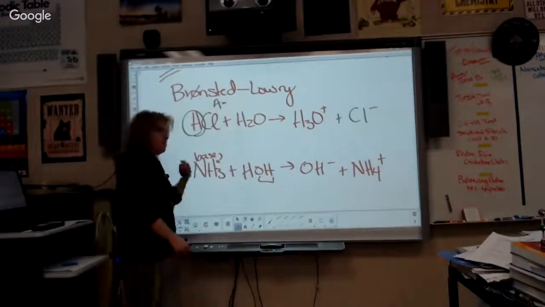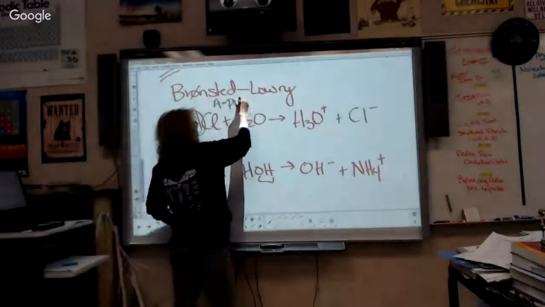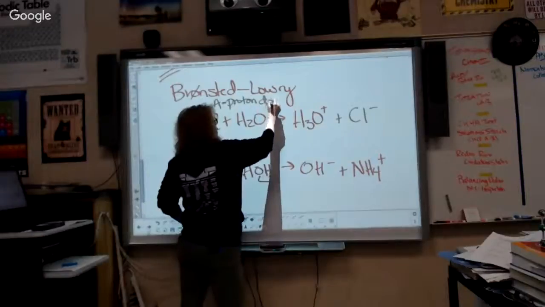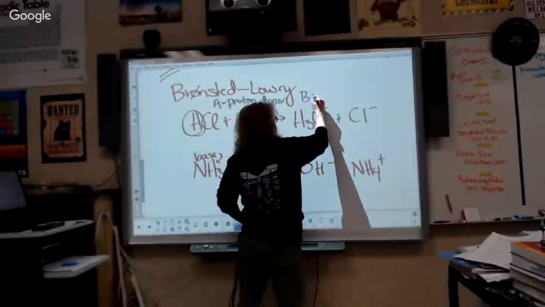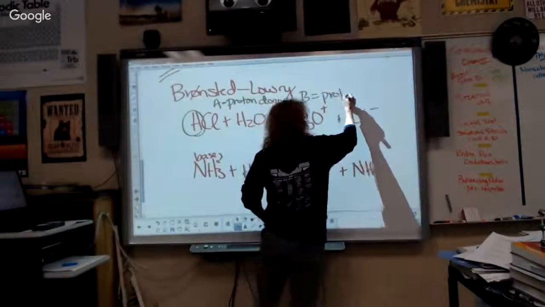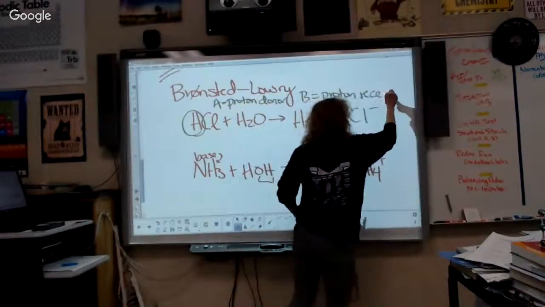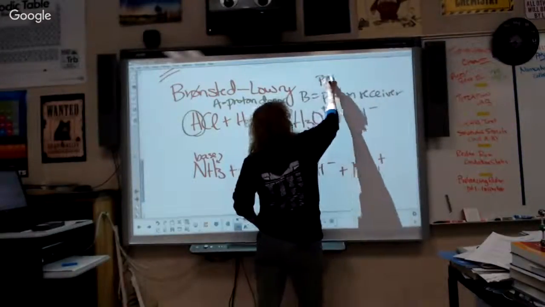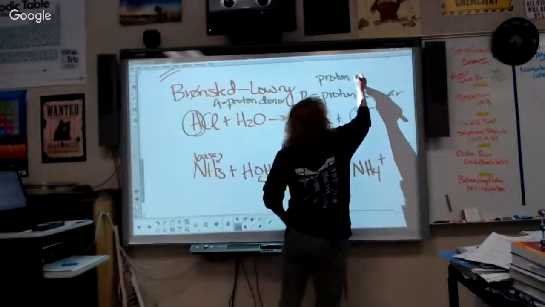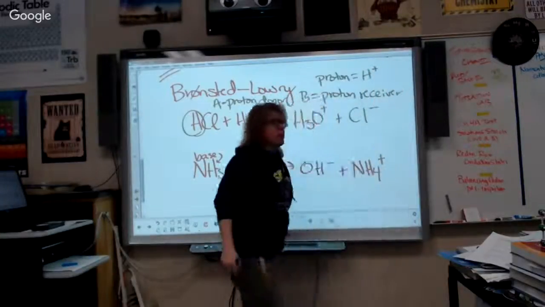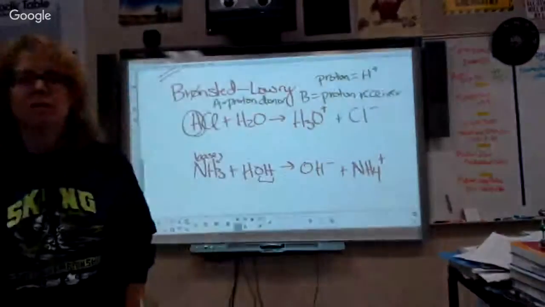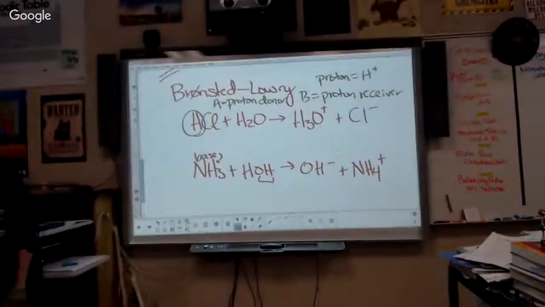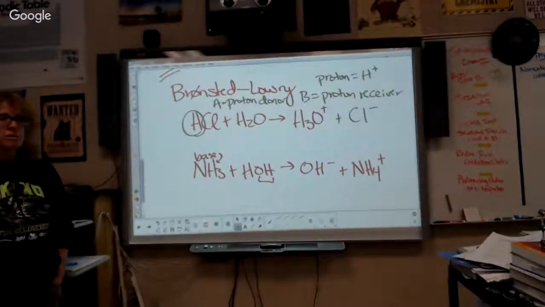An acid is a proton donor, and a base is a proton receiver. Make sure you realize that a proton is the same thing as a hydrogen nucleus. Chemically speaking, they're identical.